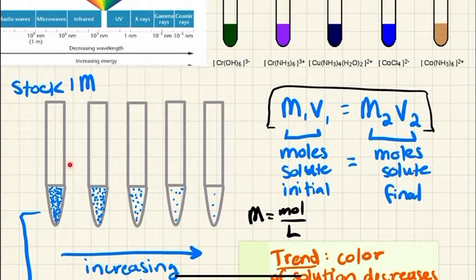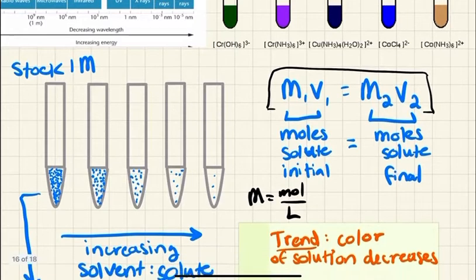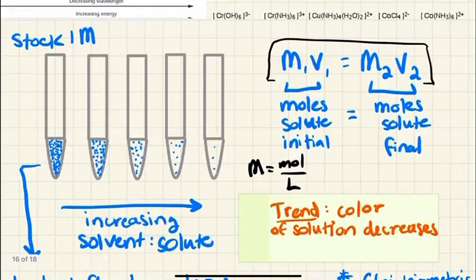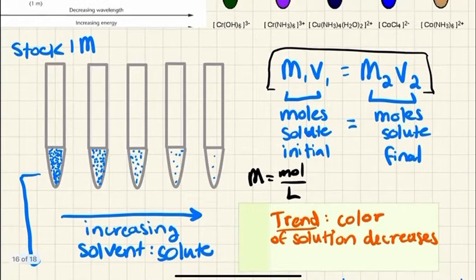So these are just samples of the diluted solutions. Okay, hopefully that is not confusing. But essentially, as we move to the right, the ratio of solvent to solute is increasing, or we could say we have a decreasing solute to solvent ratio. Either way would be appropriate.